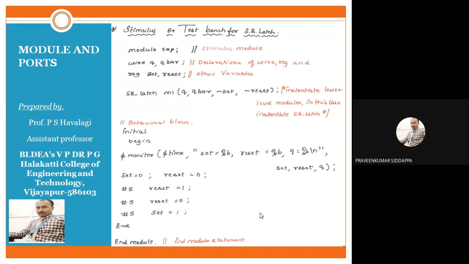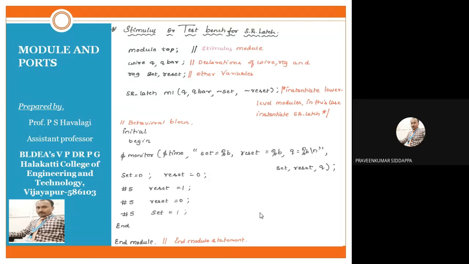So for the next, second combination, from 0 to 5, set is 0. After 5 time units, set changes. The second combination in your truth table, you can see, is 0, 1. So because of that reason, we have written it.